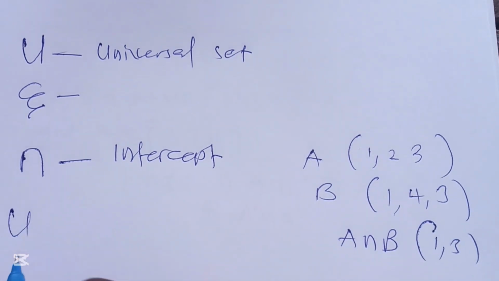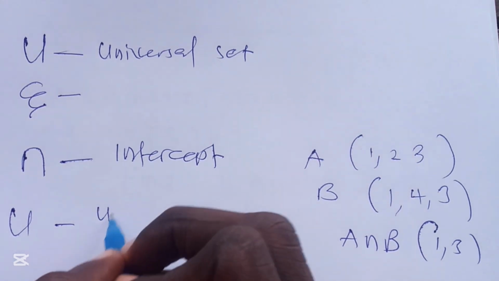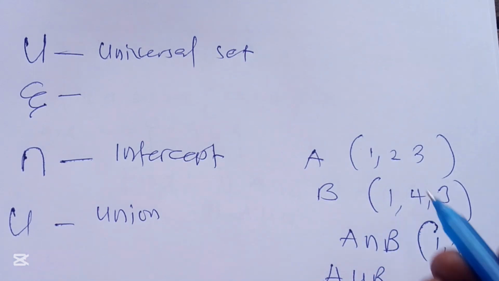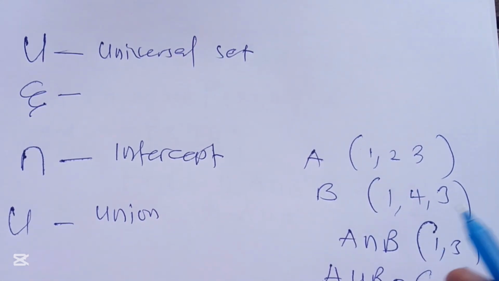Now, union means the combination. We call it union, meaning the combination of the two sets that you are given. If we are asked to find A union B, just combine them, but make sure you don't repeat numbers.